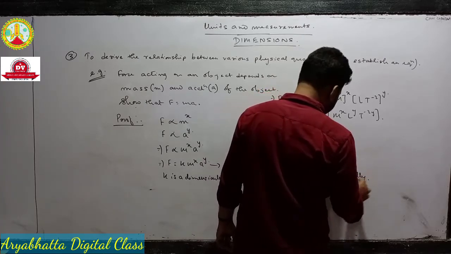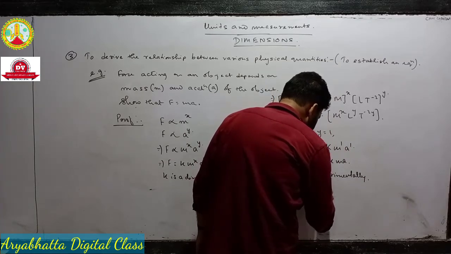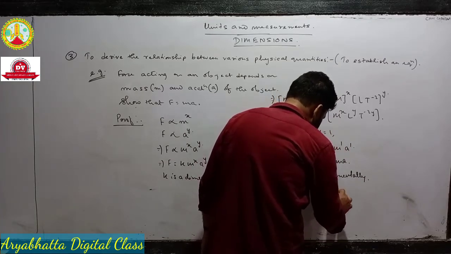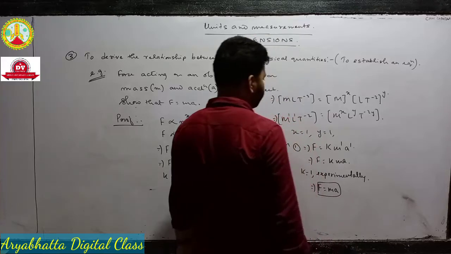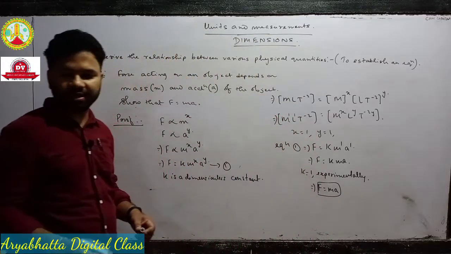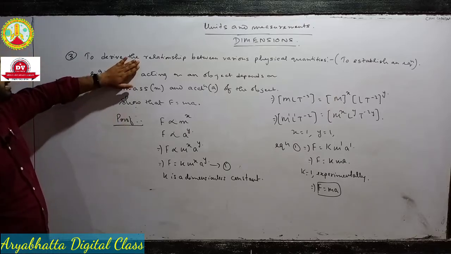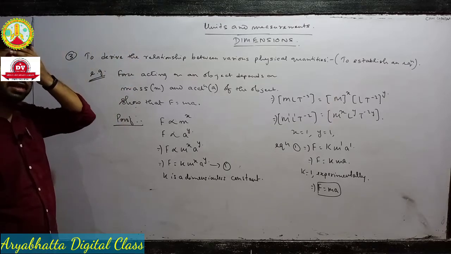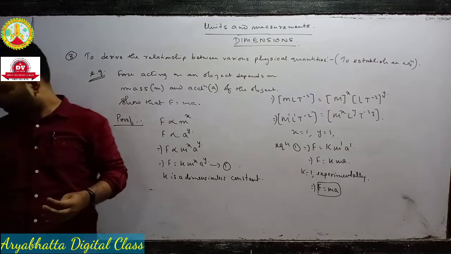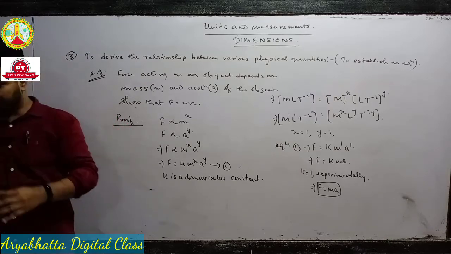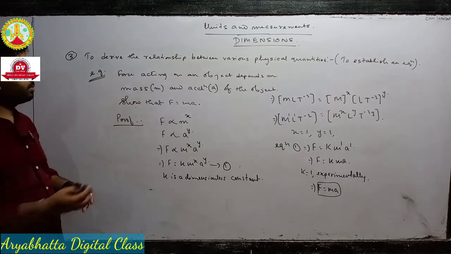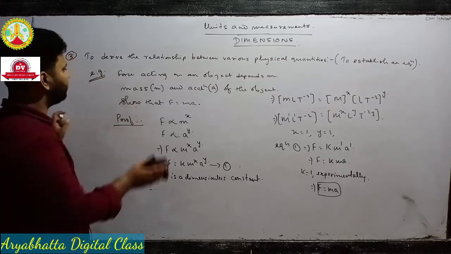K is equal to 1. So the formula will be F is equal to m into a. So in this way we have to establish the relation among various physical quantities by using the third use of dimensional analysis. Okay, so we will solve a problem from your textbook now. This is the first one.